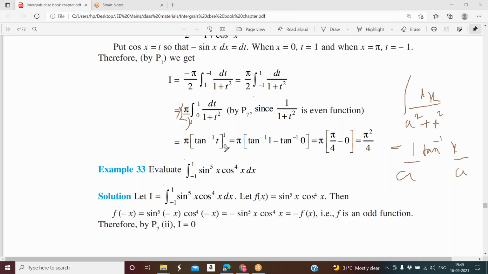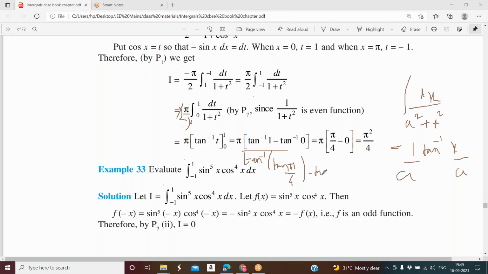Now substitute the limits between 0 and 1. You get tan inverse 1 minus tan inverse 0. For what angle do you get tan equal to 1? Pi by 4, since tan 45 degree is 1.